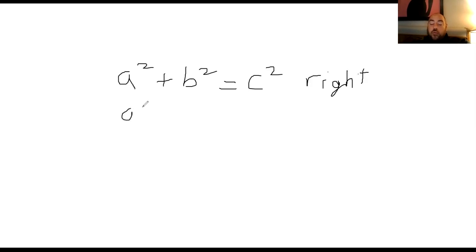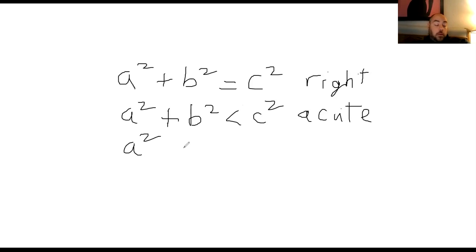If a squared plus b squared is less than c squared, then it is acute.